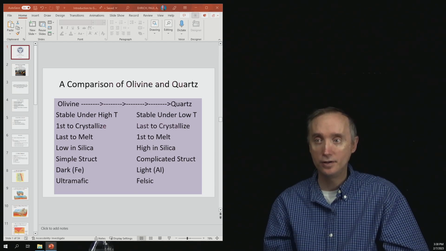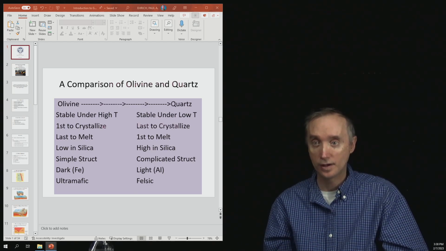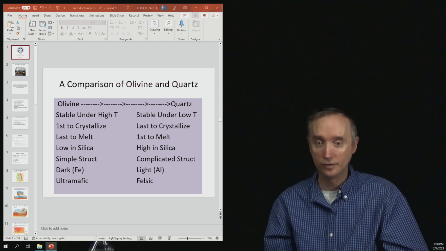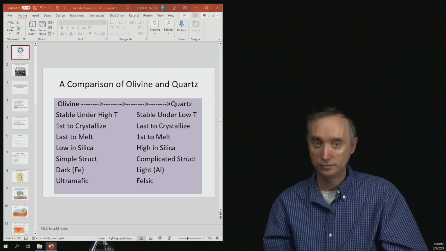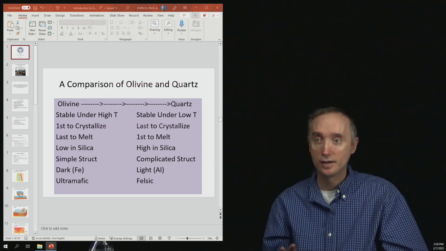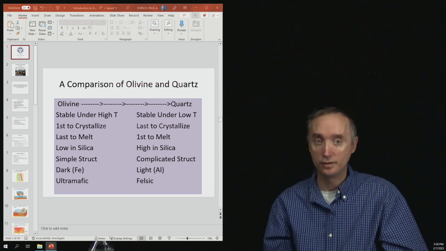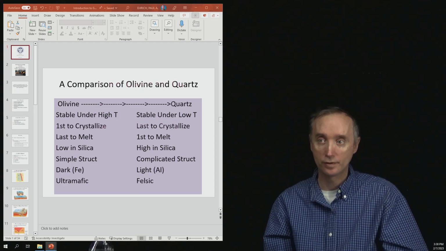This is going to be very important because the amount of silica is going to determine how viscous the magma is going to be. And so stuff that has olivine in it is going to be very runny. On the other hand, things that have lots of quartz in it are going to be very sticky. And that's going to affect the kind of volcano that you're going to end up with.